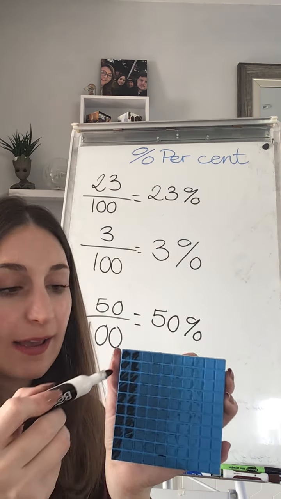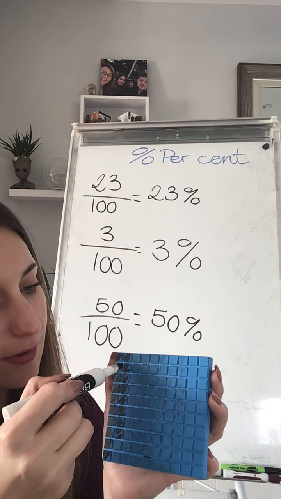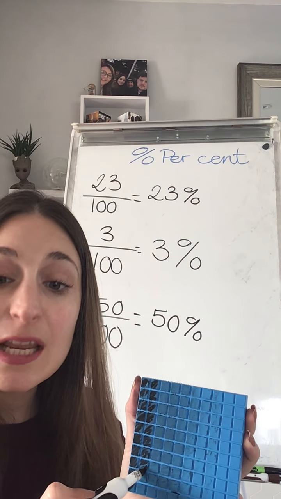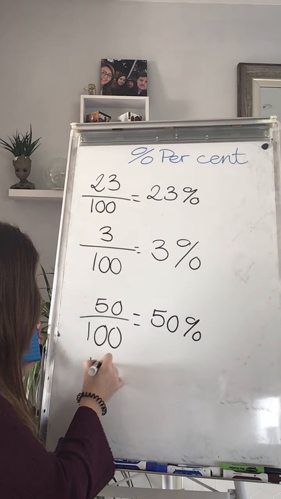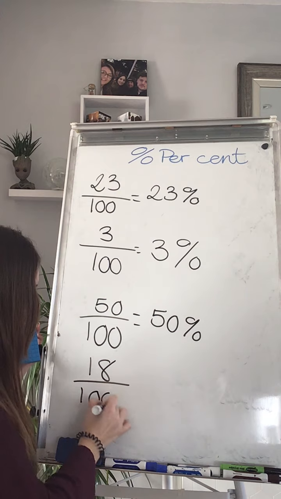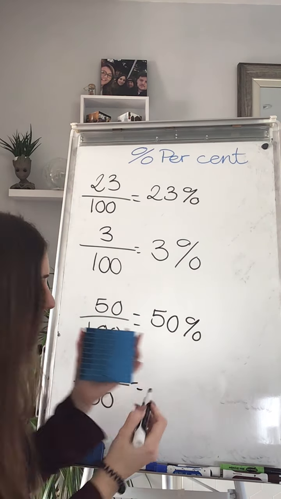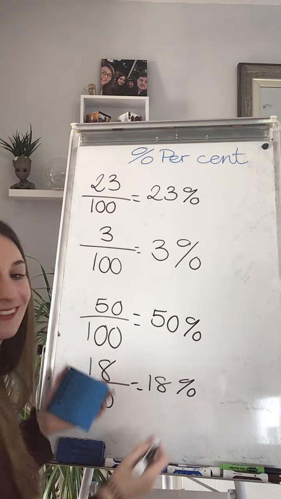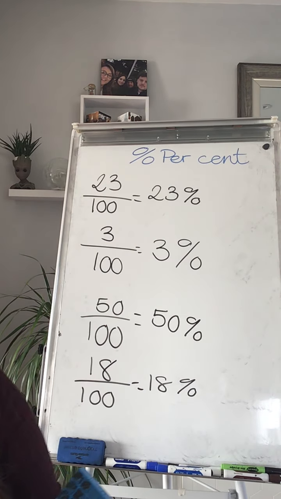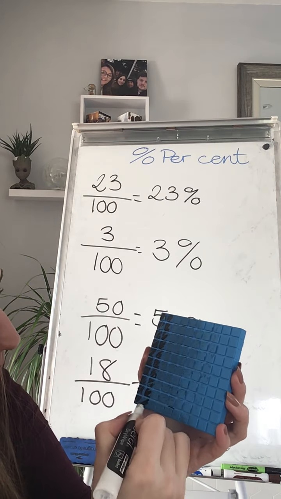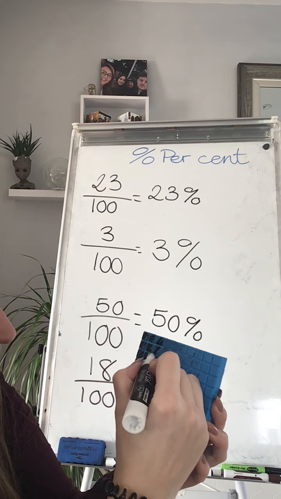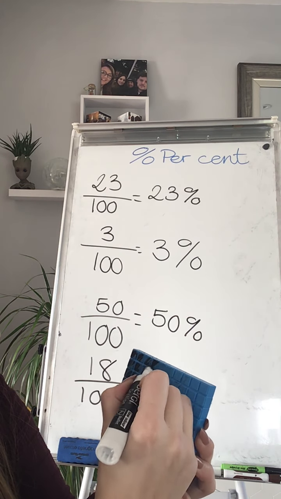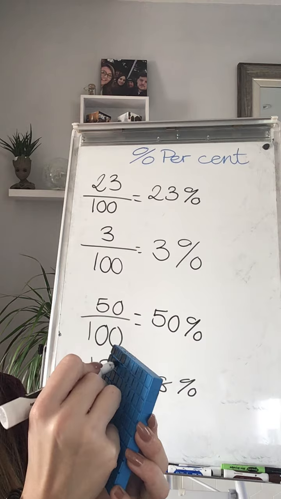Okay, so I have 10, 11, 12, 13, 14, 15, 16, 17, 18 hundredths. So I have 18 hundredths, which is the same as 18%. Well done. What about the next one? Let's see if you can do this one. Pause the video when you're ready.